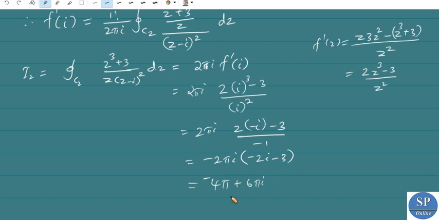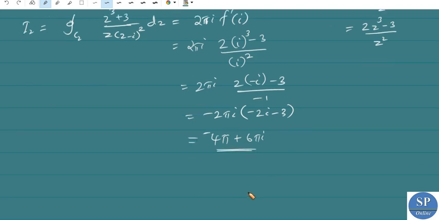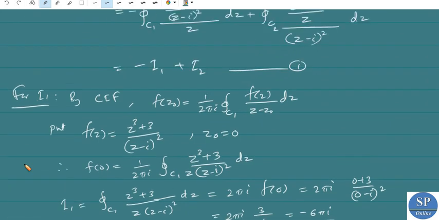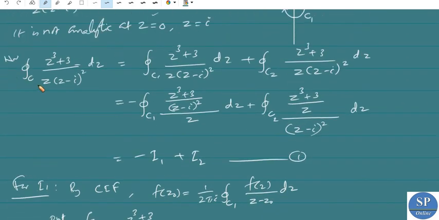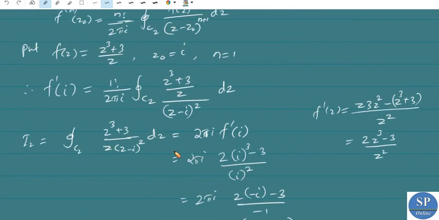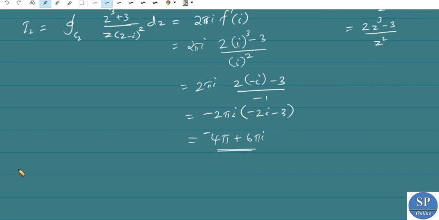So from equation number 1, the required integral over c of z cube plus 3 divided by z into z minus i whole square dz is equal to minus I1 plus I2.